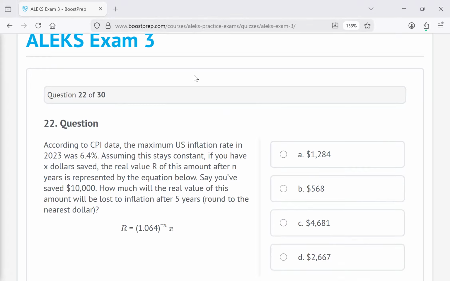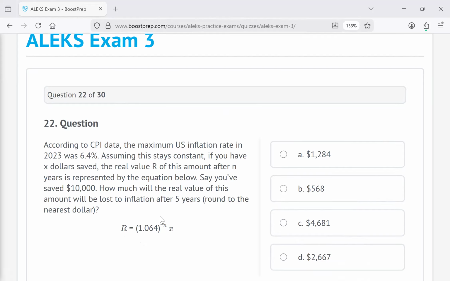How much will the real value of this amount be lost to inflation after 5 years? Round to the nearest dollar. So what we've got to do is find the R, and then I believe you subtract that from 10,000. That'll tell you how much you lost in inflation.